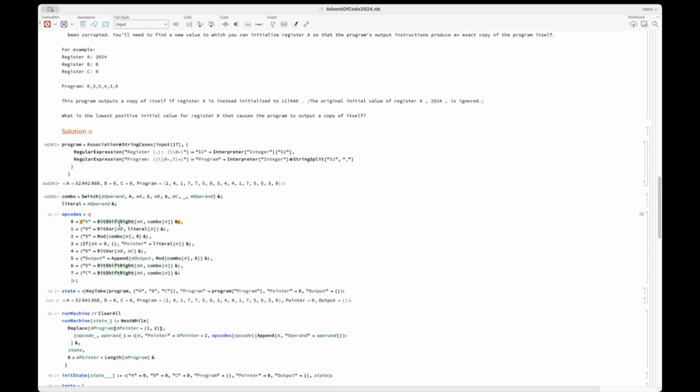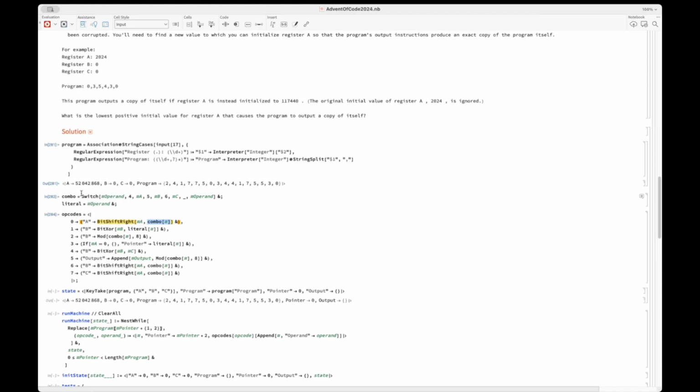Here's just an implementation of those. Most of them are just some bit operations. For example, code 0 takes the register A. Then there's some weird way of specifying the argument. This is the code, and this is the argument to the code, and there are two different types of arguments.